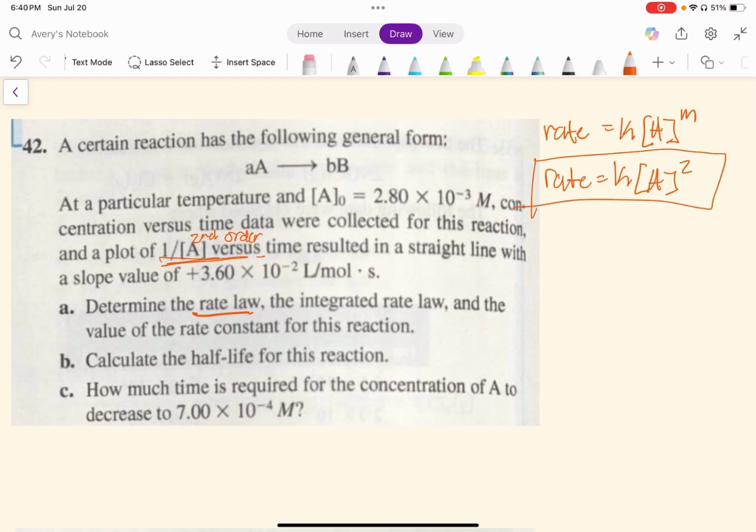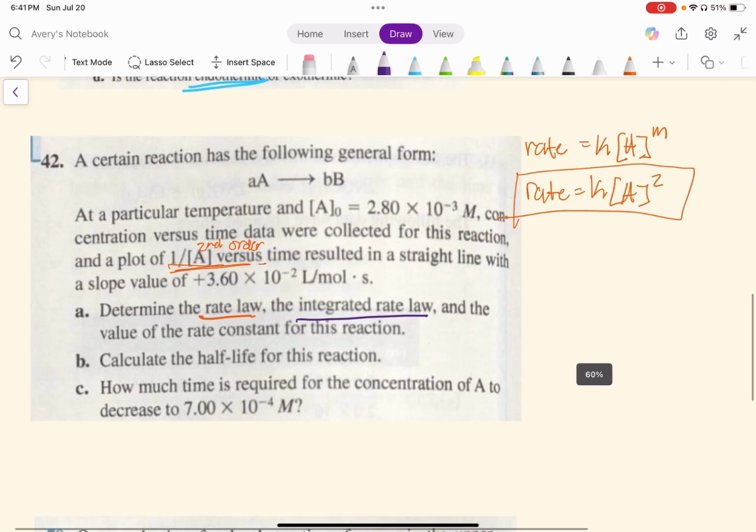Now let's do the integrated rate law. The integrated rate law for the second order looks like this.